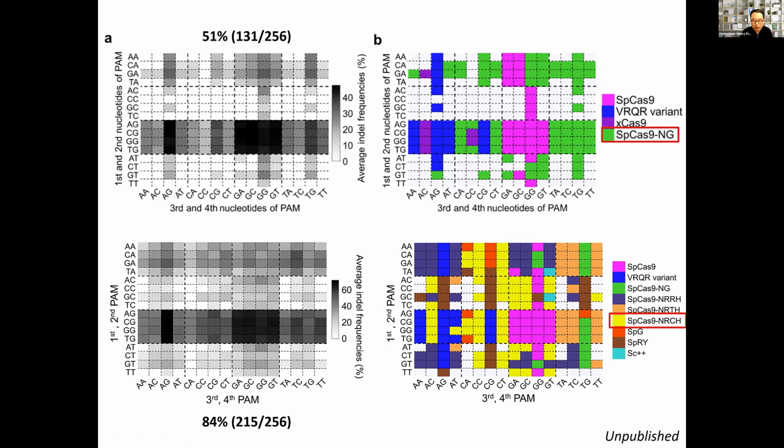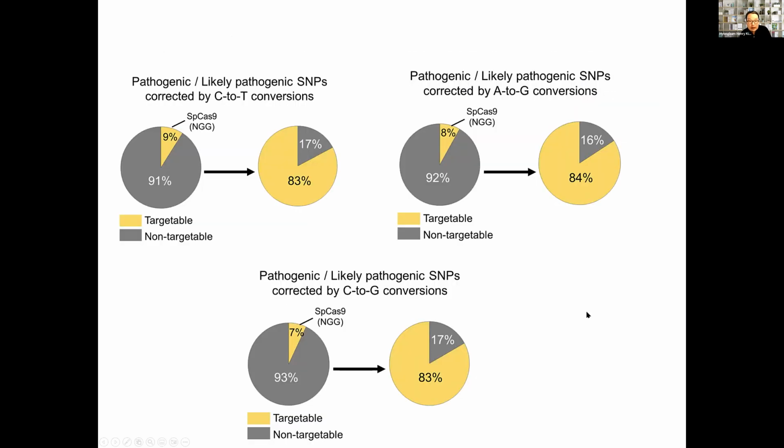However, if we use these Cas9 variants with different PAM compatibilities, now we can target 83%, 84%, and 83%.